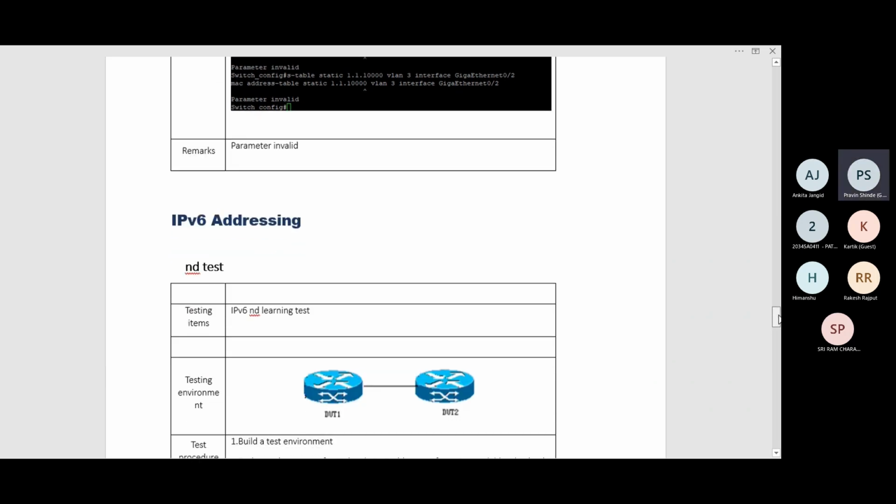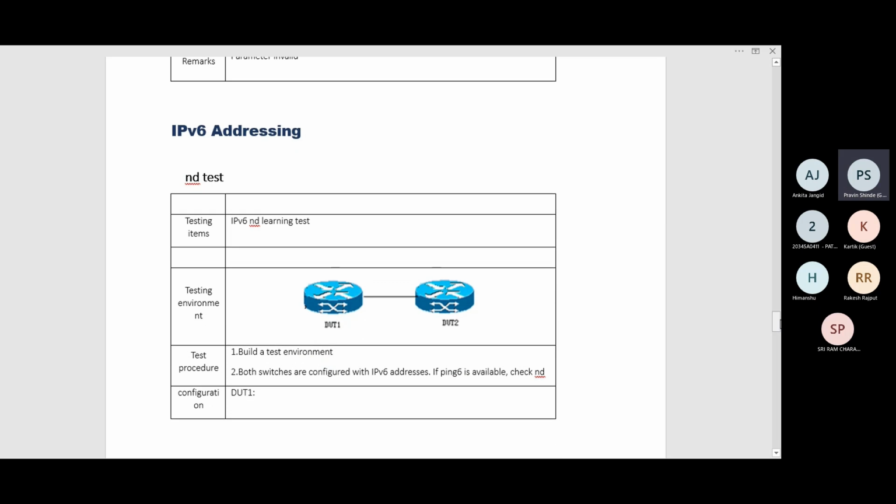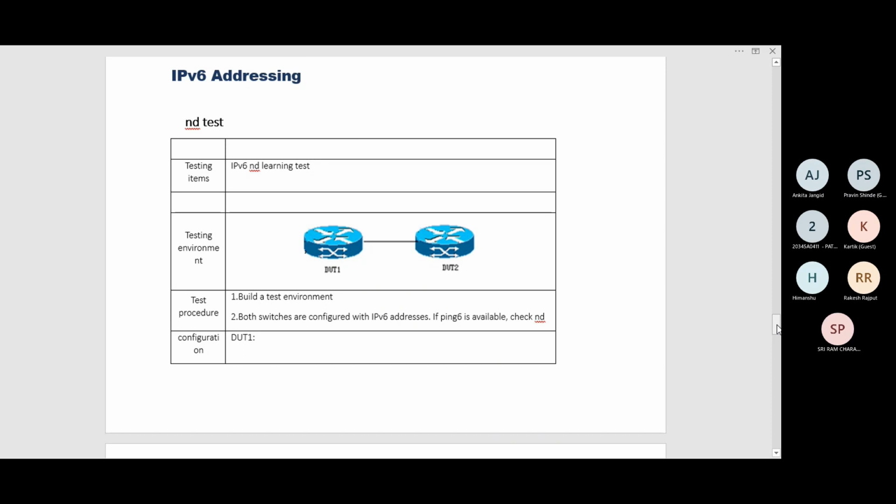So next point is IPv6 addressing. Here are two different layer 2 switches.